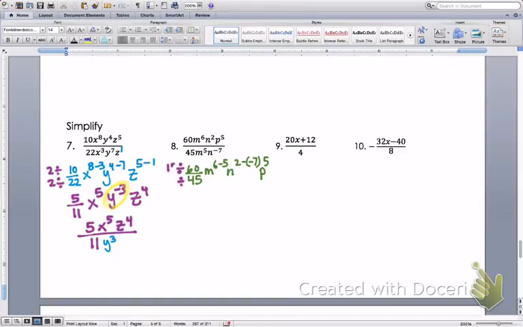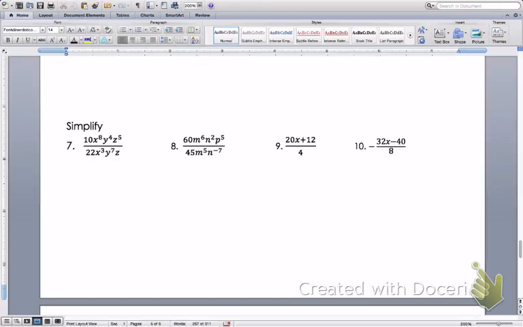You can divide by 15. So I'm going to go with the bigger one first. Accidentally erased it, so here it is again. It might look a little different. So I'm going to go ahead and divide by, like I said, 15. So when you divide by 15, you get 4 over 3, m to the 1, and 2 minus 7, the double minus adds, so 2 plus 7 is 9, and p to the 5.